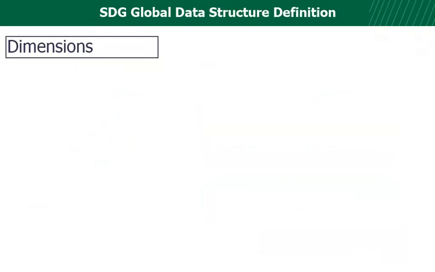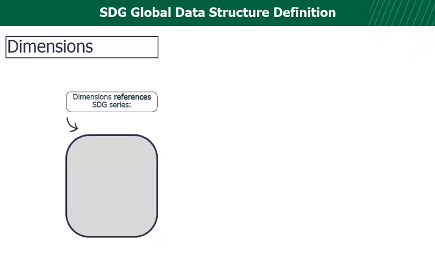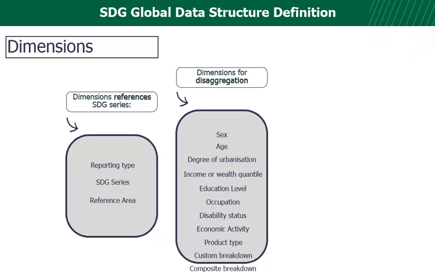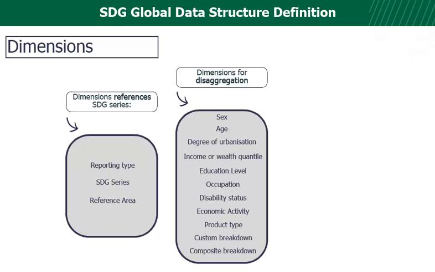In the SDG DSD, we can group dimensions as follows. The list of dimensions that identify the SDG series, like reporting type, which refers to the type of data provider, series, and reference area, like country or other geographic area. Then, the list of dimensions for disaggregations, like sex, age, urbanization, income, education, occupation, disability status, economic activity, and product type.